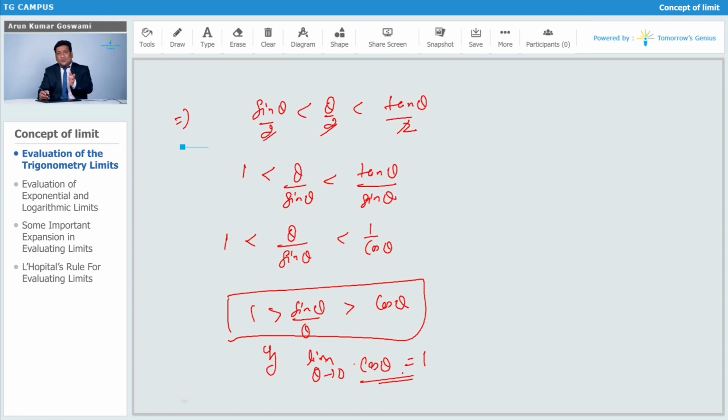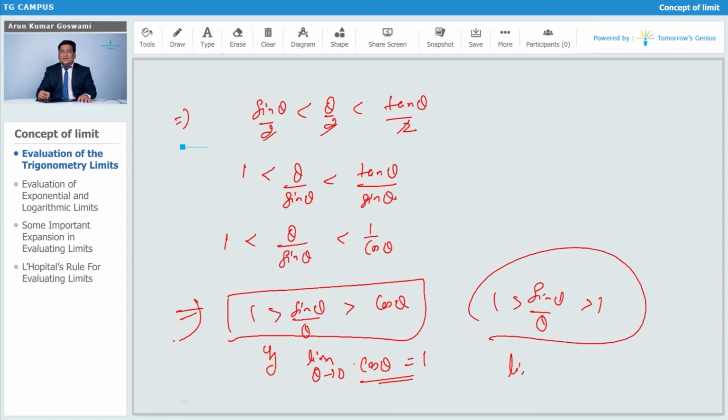So if cos is 1, by this equation sine theta by theta lies between 1 and 1. So we can say that the limit as theta tends to 0 of sine theta by theta is 1. Okay. The important point I said already is that till this point everything is the same.